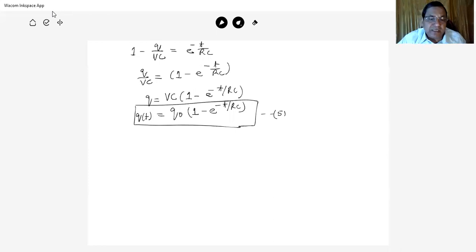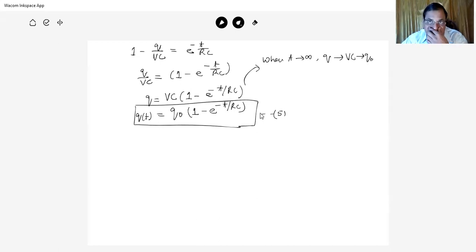And this equation is the actual equation. You see from this equation, when t tends to infinity, q tends to Vc, which is equal to Q0.